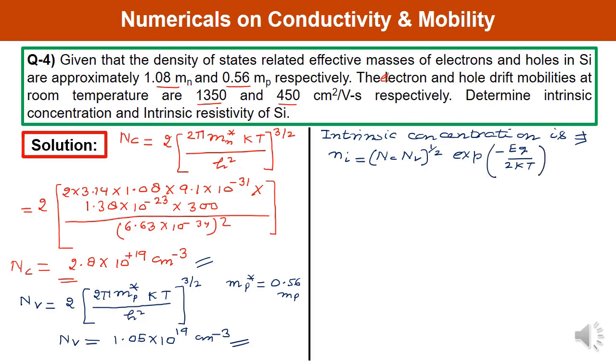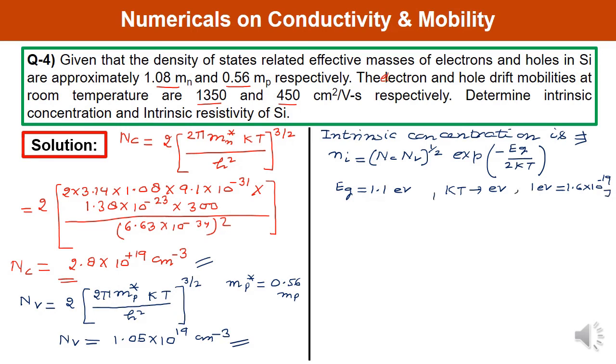You have calculated Nc, you have calculated Nv, and the band gap Eg may be taken as 1.1 electron volt. K you already know. The value of T is 300 Kelvin at room temperature. So substitute the value of kT in electron volt. Convert it into electron volt. You know the formula: 1 electron volt is equal to 1.6 into 10 raised to the power minus 19 joule.